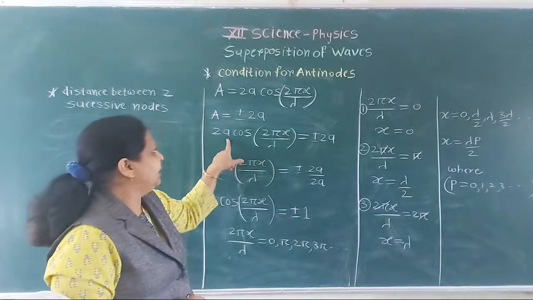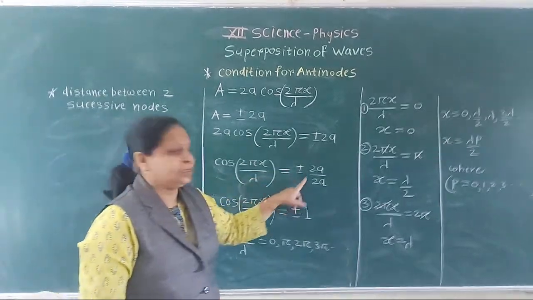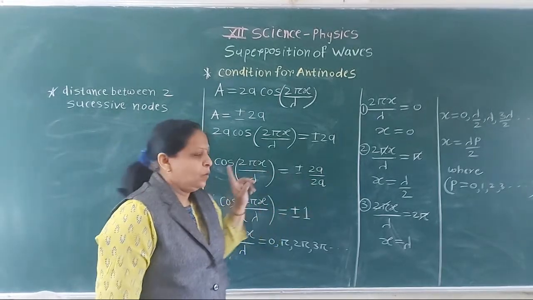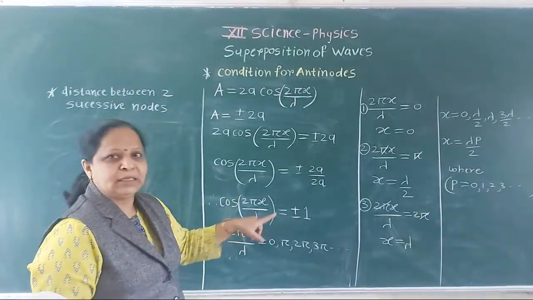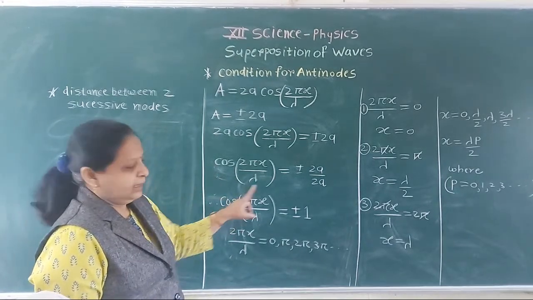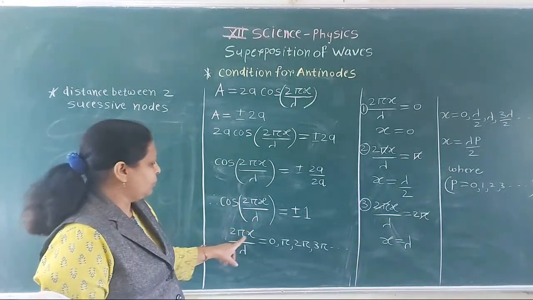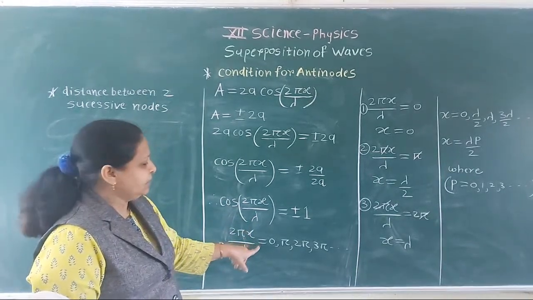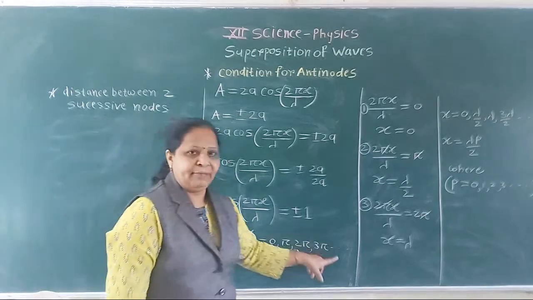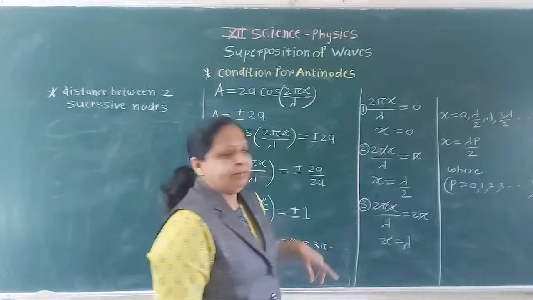Therefore cos of 2 pi x upon lambda is equal to plus minus twice a upon twice a, which becomes plus minus 1. Then the value of cos is plus minus 1 when 2 pi x upon lambda is equal to 0, pi, 2 pi, 3 pi, and then we calculate the value of x.